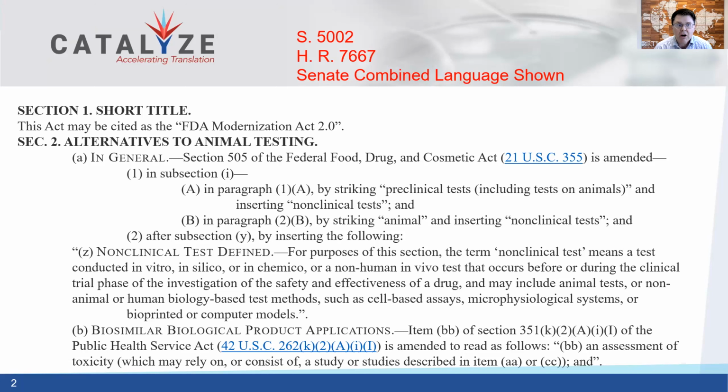Well, within the law, in the paragraph known as 1A, you strike preclinical tests, including tests on animals, and you insert non-clinical tests. And in paragraph 2B, you strike animal and insert non-clinical tests. And then the Senate goes on, and this passed the House and subsequently was signed by the president. They defined the non-clinical test.